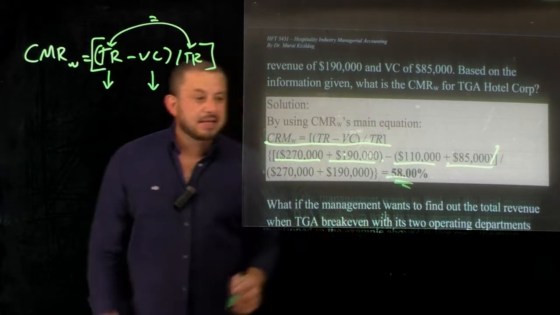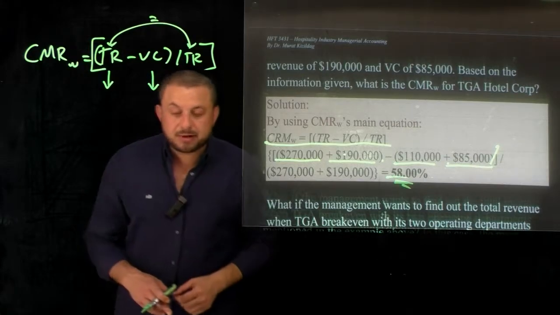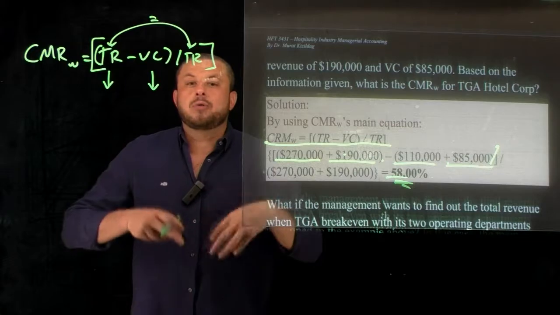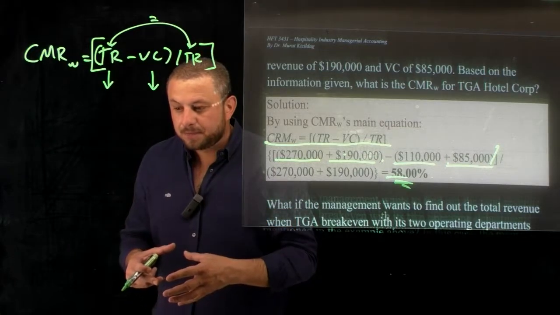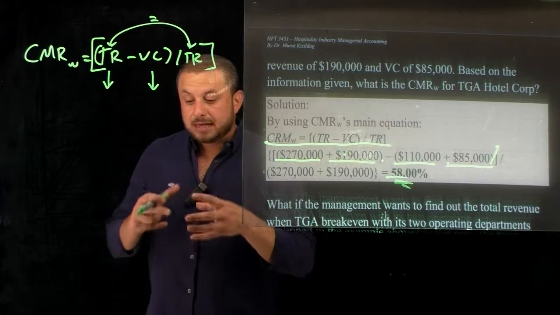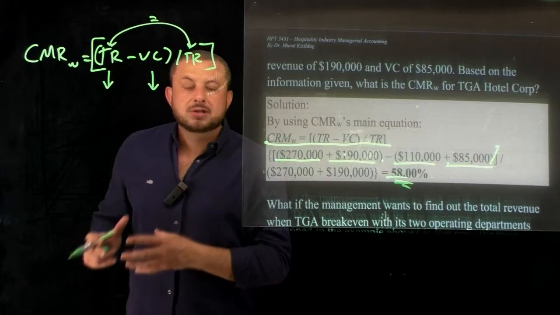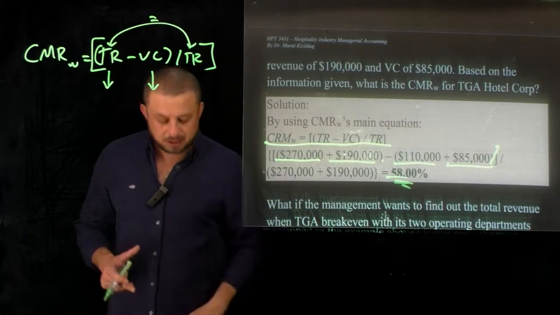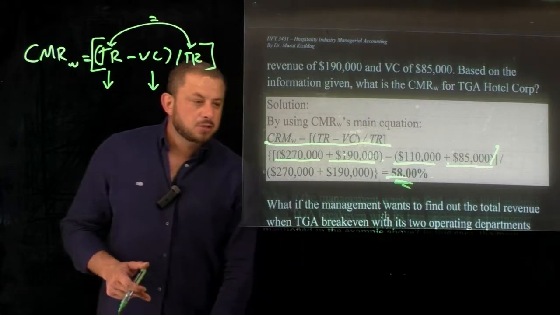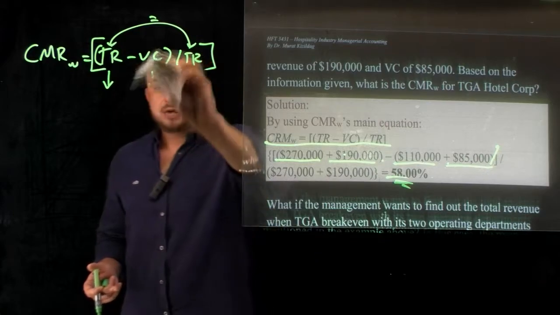When I do this, CMRW becomes 58%, meaning rooms and retail departments, when they are combined, contribute 58% in terms of profits to the entire profit structure of that TGA Hotel Corporation, guys, okay? That's exactly what it is. So this is CMRW. Okay, very good. We find it, okay? And we have to find this.